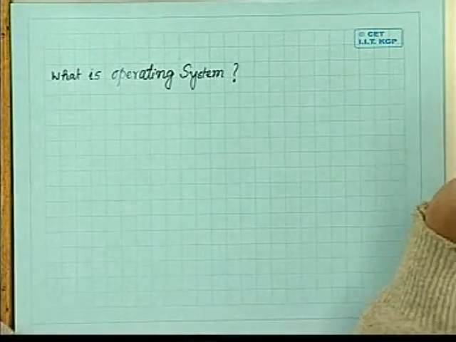To answer this question of what is an operating system, we can say that an operating system is just like a resource manager. Say for example, when we perform our day-to-day work, somebody has rung you, you are attending a telephone call. In between, there is some other urgent work for which you have been interrupted.